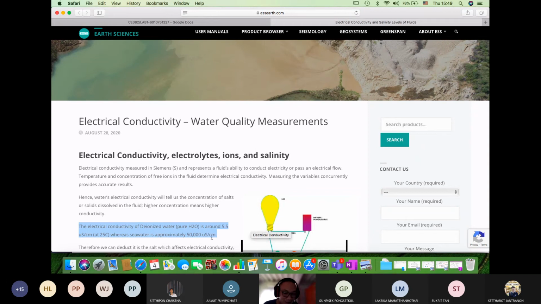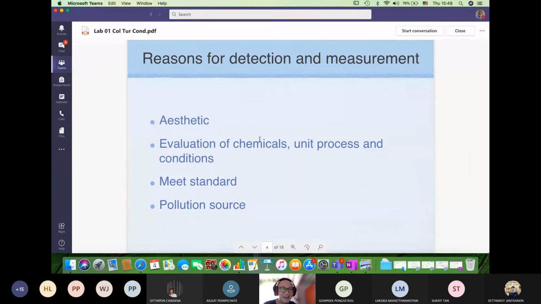So salt water or seawater, you should get around 50,000, but in here you get around 600, 500. So it's still fresh water, not seawater. Even wastewater still has very low conductivity compared to seawater.